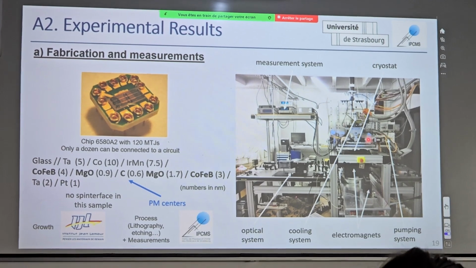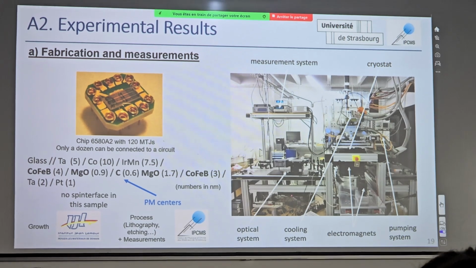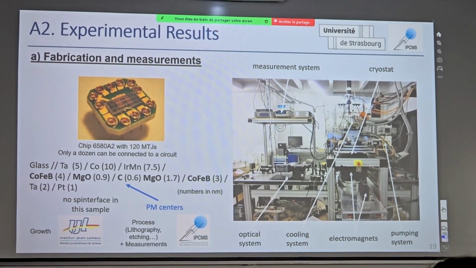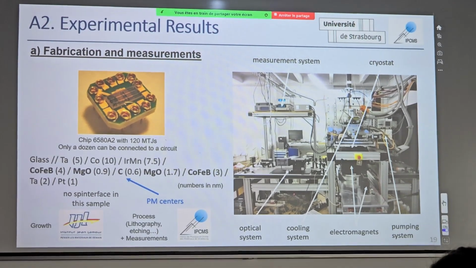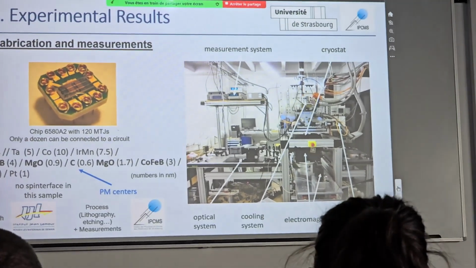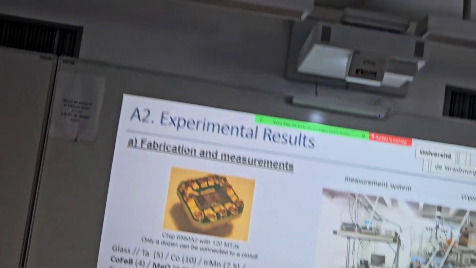Then I put them in this big machine in order to perform magnetotransport experiments on them and analyze their electromagnetic behavior. And so I will now present to you the results I have obtained on samples that presented no spinterface traces.